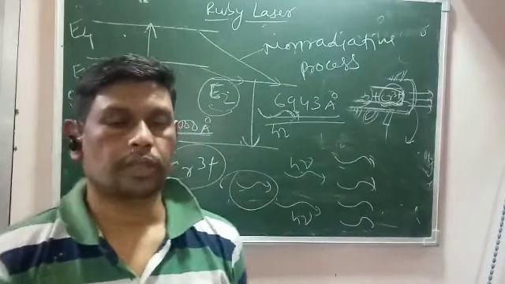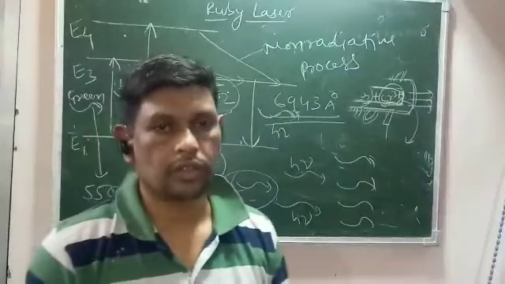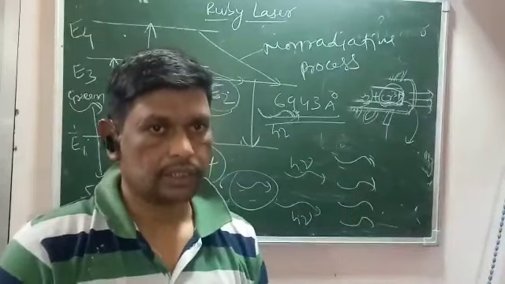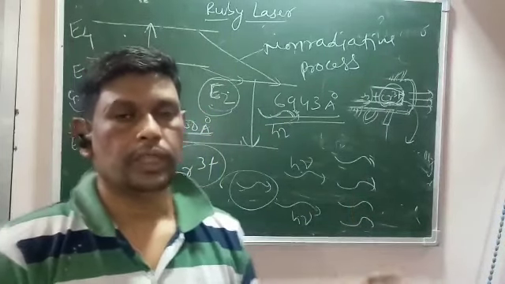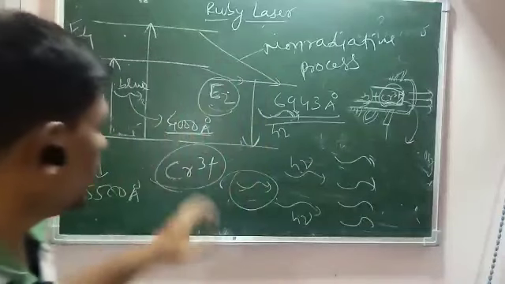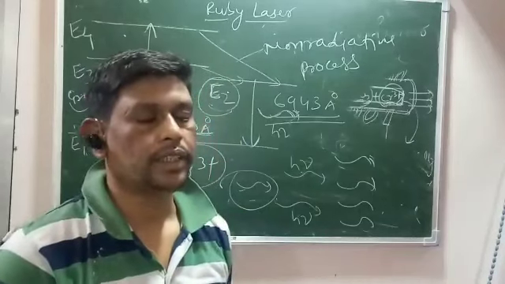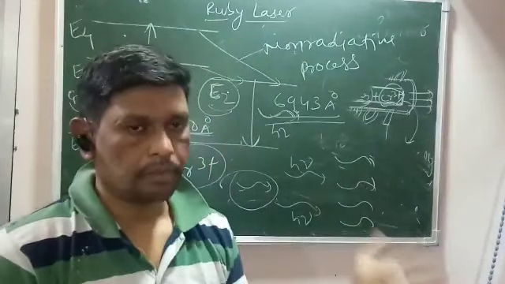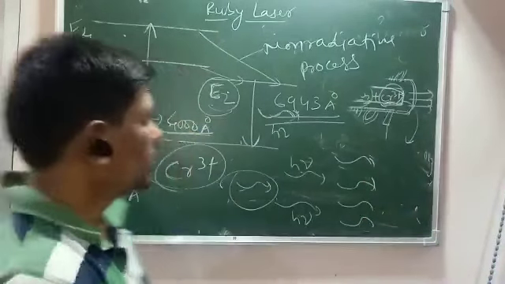So from the ruby laser we can get a light pulse of 6943 angstrom wavelength, which is red. The heat generated within the system can be compensated by water or another cooling system.